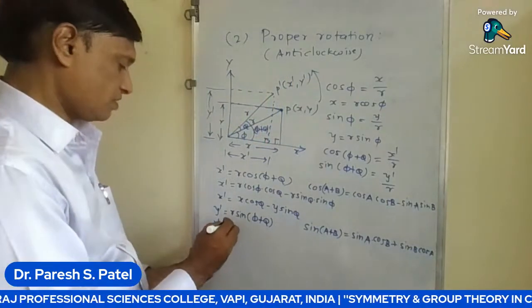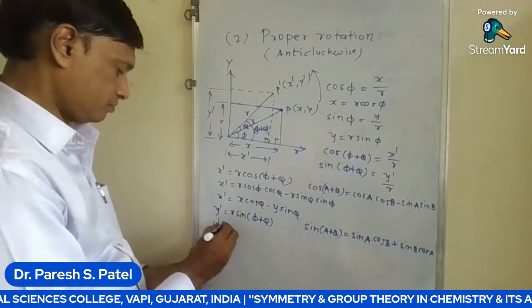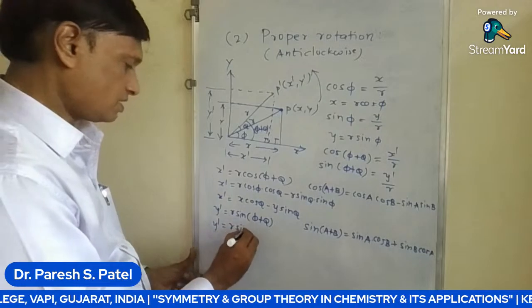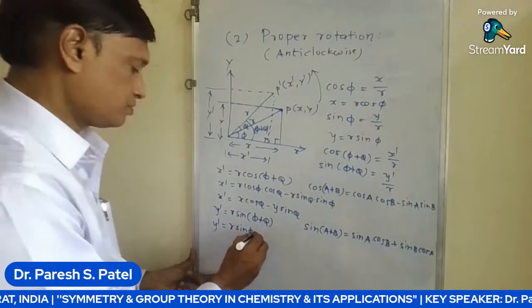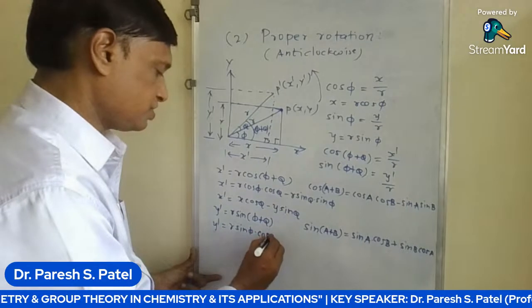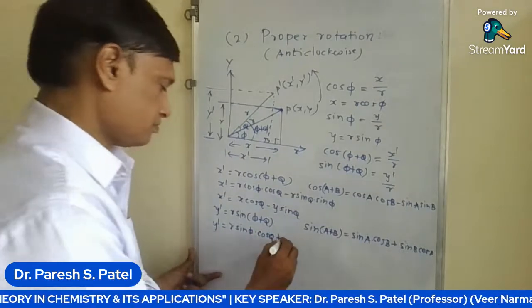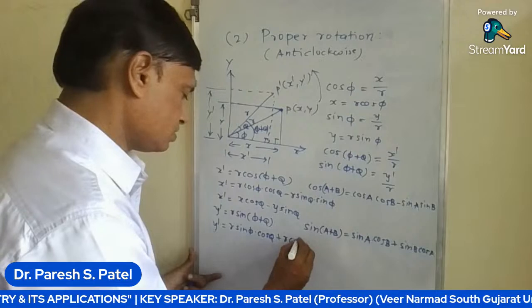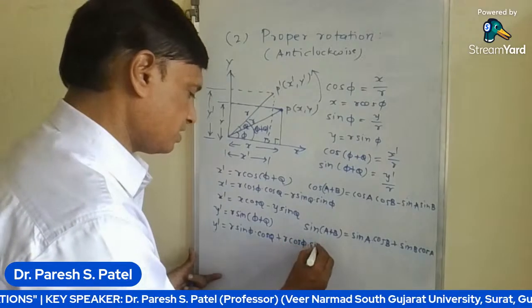Similarly, y dash is equal to r sin phi cos theta plus r cos phi sin theta.